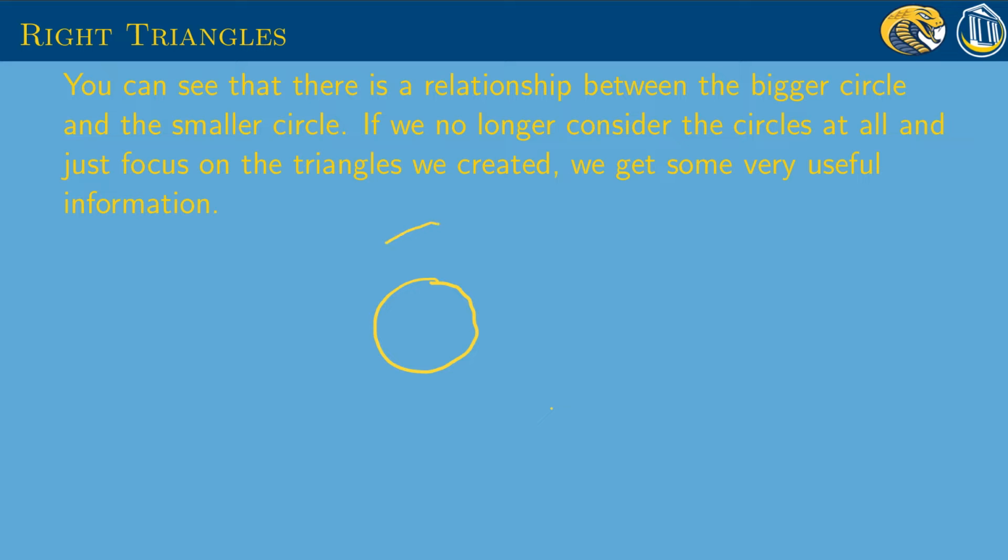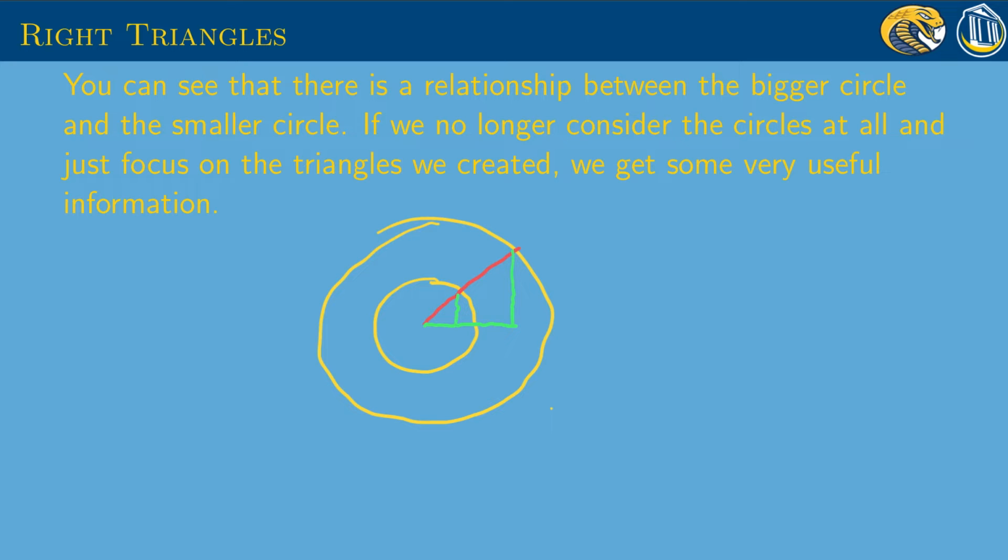If we imagine our two circles, our unit circle and our other circle of unknown radius, and we put some angle in the smaller circle, then we can create a right triangle within that smaller circle and a larger right triangle within the larger circle. But we don't actually need circles here.